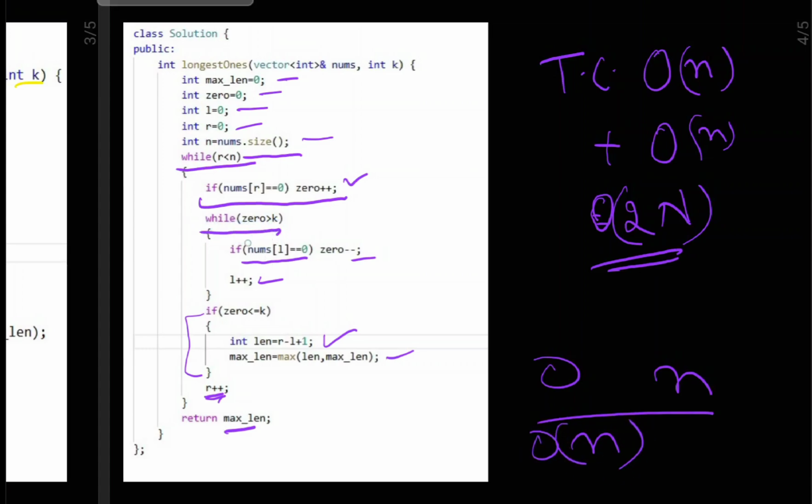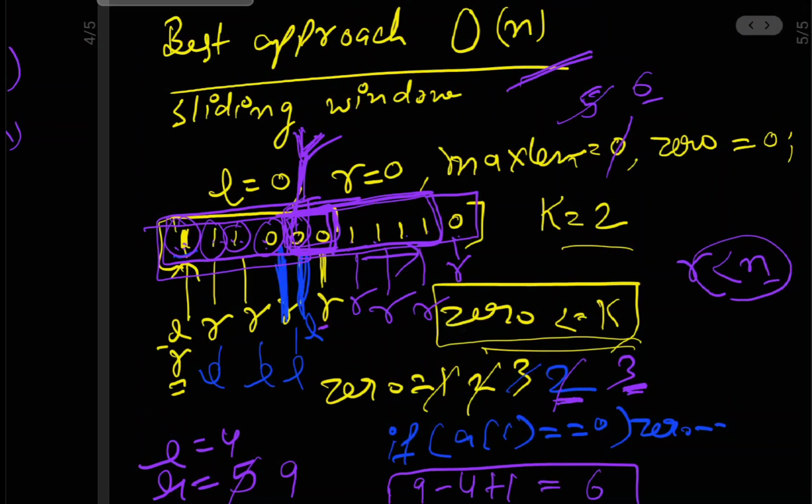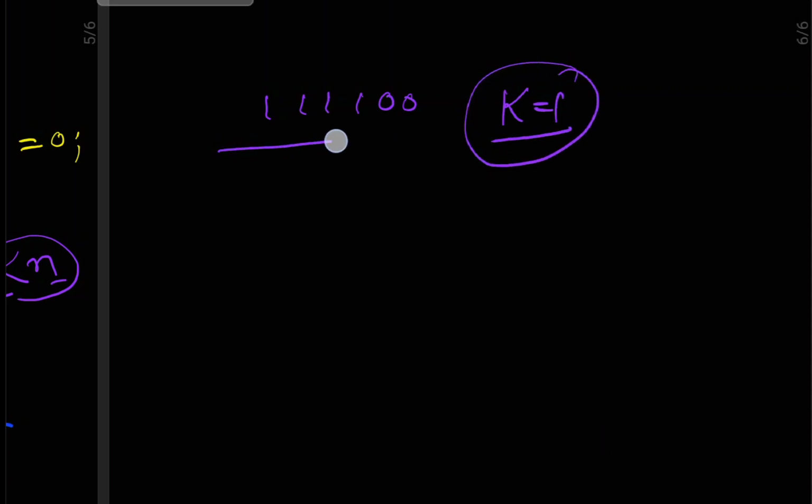How many times can it go at maximum? Look at this example: 1 1 1 1 0 and 0 0, and my k is equal to 1.